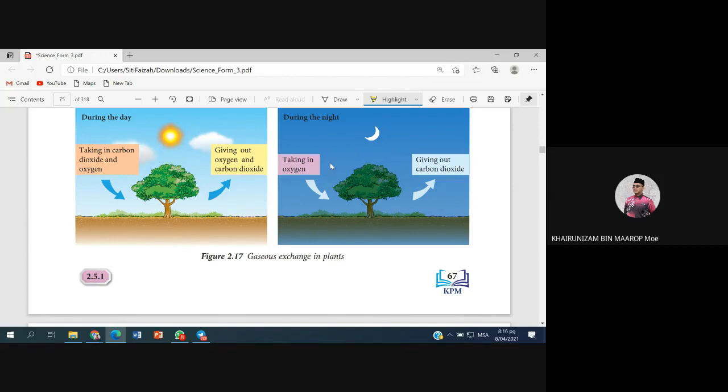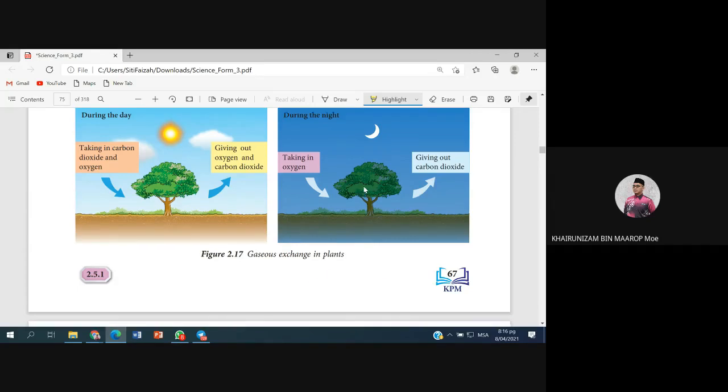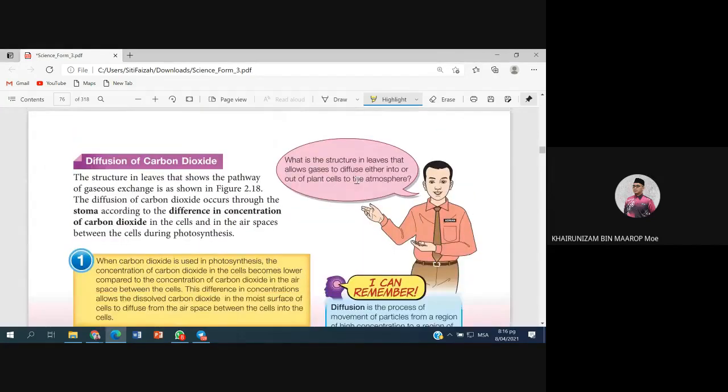But in the night, the plants take in oxygen and release carbon dioxide. This process we call respiration.